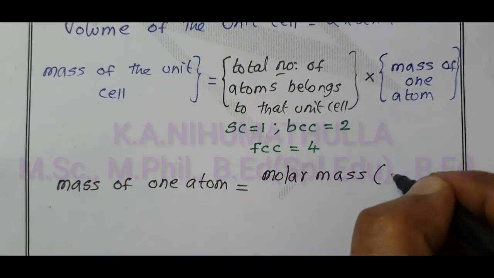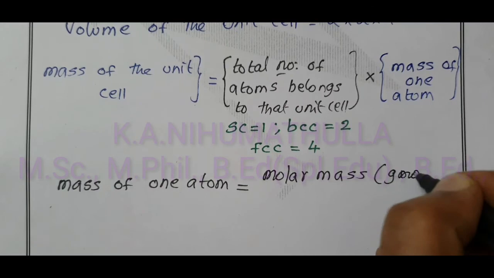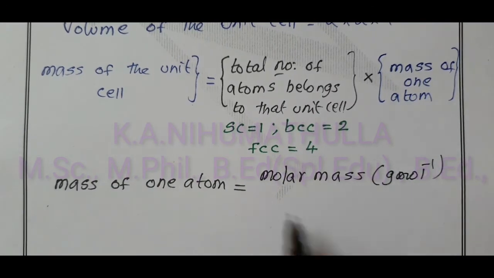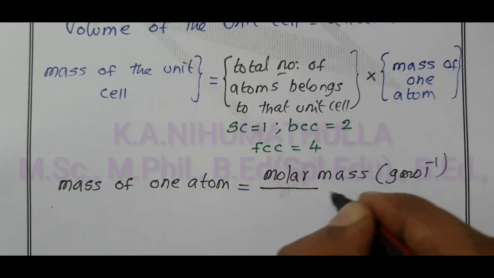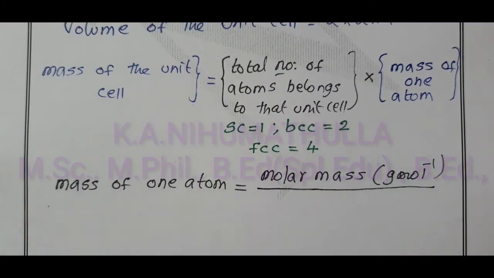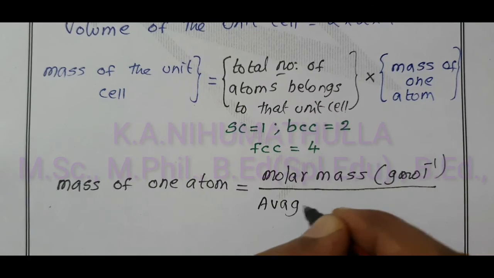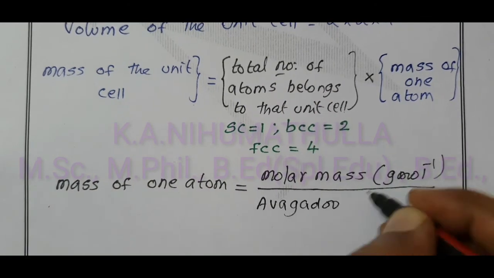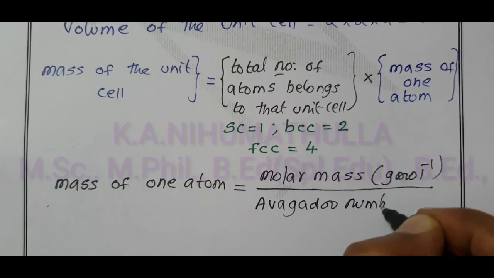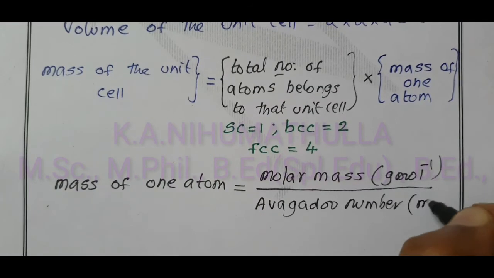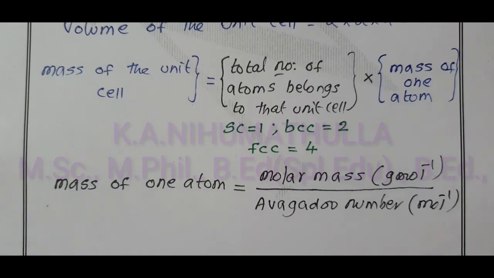Molecular mass given in gram mole power minus 1, or atomic mass given in gram mole power minus 1, is called molar mass. Avogadro number is mole power minus 1.